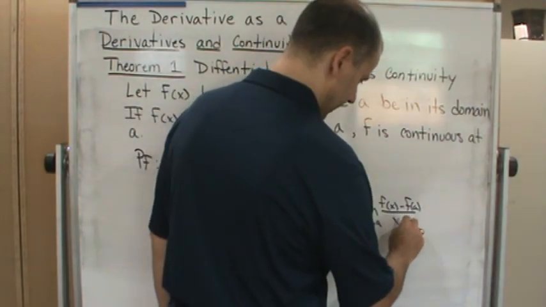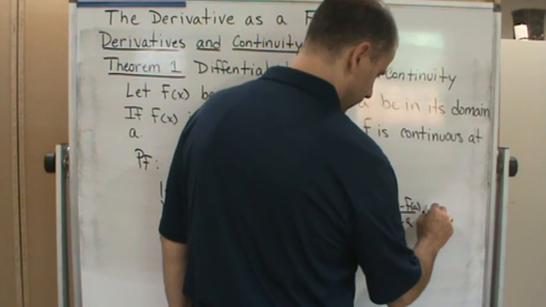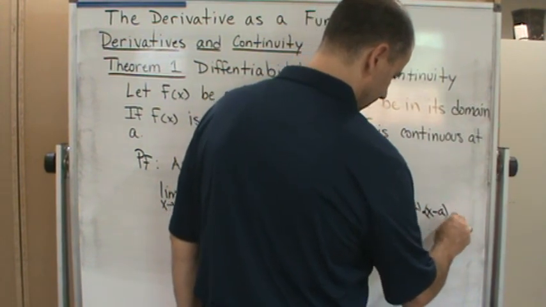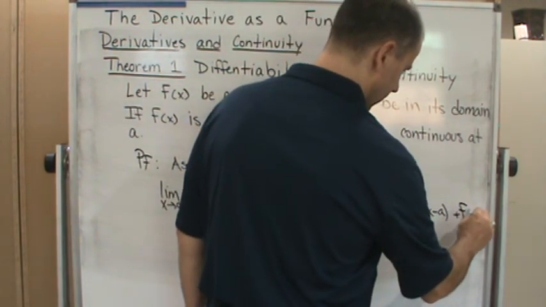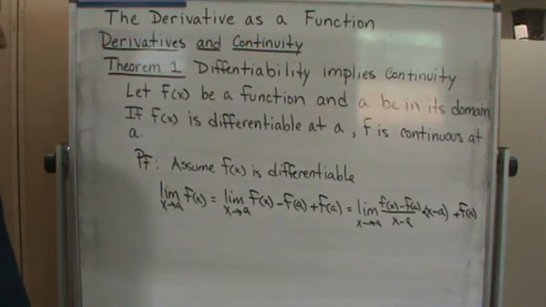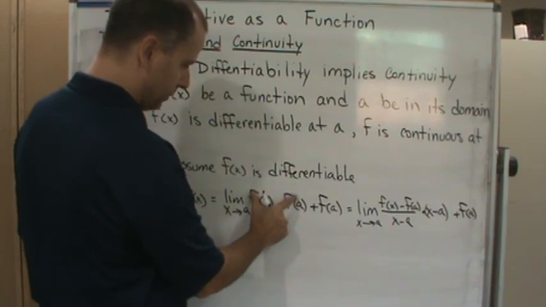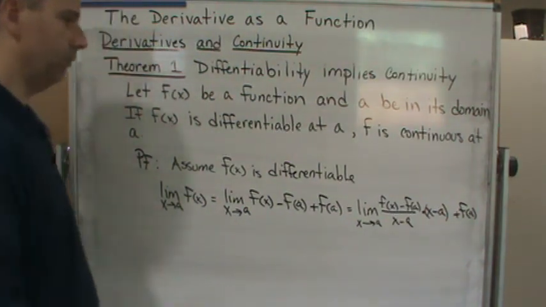So I'm going to have x minus a here, and I'm going to multiply by x minus a out here. But I'm still going to have this plus f of a out here. Okay, so all I did was group this together and multiply the top and the bottom of this by x minus a. Okay?